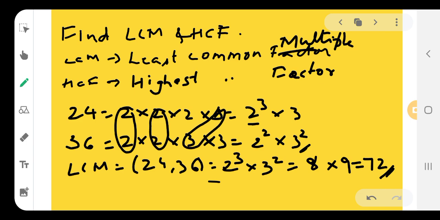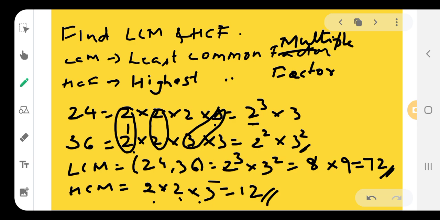So therefore HCF will be, in this we will take 2 into 2 and here it is 3 once. So 2 2s are 4, 4 3s are 12. 12 is the HCF of 24 and 36. So in this manner we have to find the LCM and HCF.